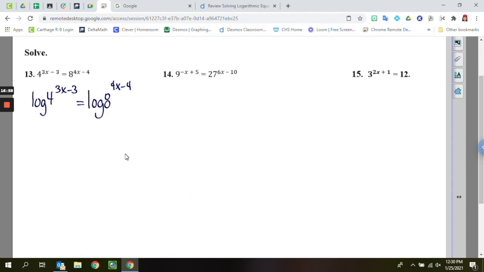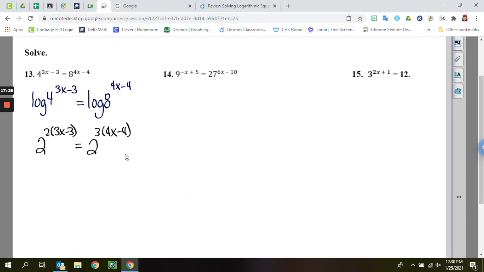Considering I can go on ahead and write that as 2 squared 3x minus 3 equals 2 to the third 4x minus 4. So if you see the easy way to get them to the same bases, that's still going to be your easier option, especially if it involves something like this.